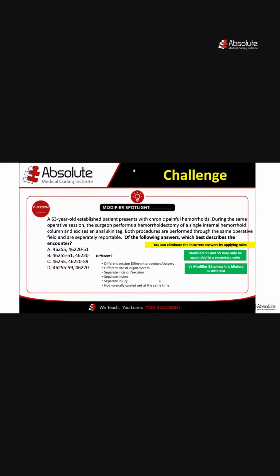However, when you look at this last one, are these procedures not normally carried out at the same time? And that answer is no, because they are normally carried out at the same time.